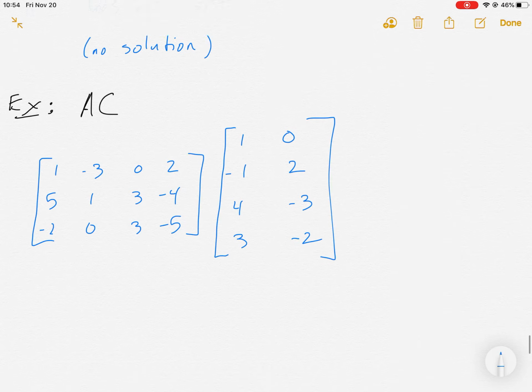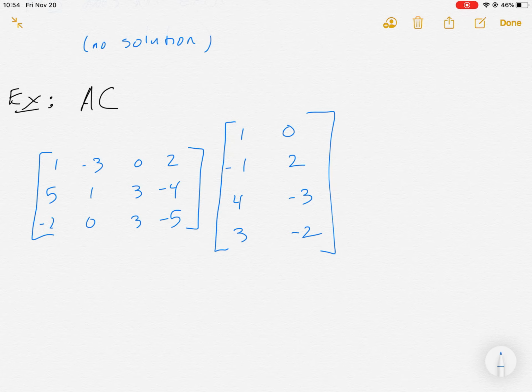Okay. So we're going to line up the rows and the columns, and because we have a 3 by 4 and a 4 by 2, the answer should be a 3 by 2 matrix. If it isn't, we know we did something wrong.